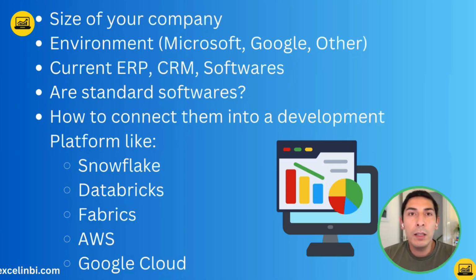CRMs normally manage the number of calls that you make to customers and the number of emails that you send to customers, quotes, and that sort of stuff. And ERPs probably manage more the stock, the warehouse facilities, the invoices, and that sort of stuff. So knowing which system the data comes from that you would like to integrate is crucial to succeed. That is important to understand, which system do you have.